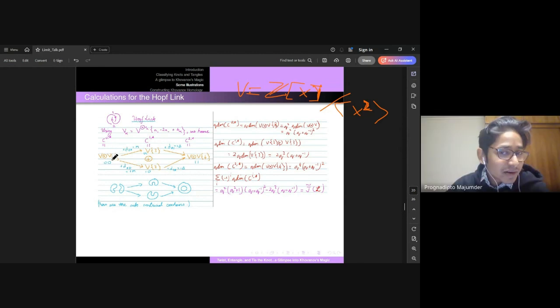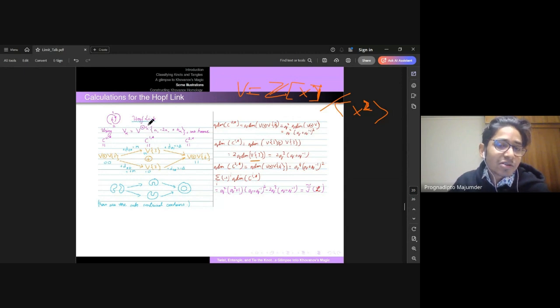Whatever is in the second bracket is the grading. V3 means you have q cubed, and V2 means just q squared. And for each V, you add q plus q inverse.